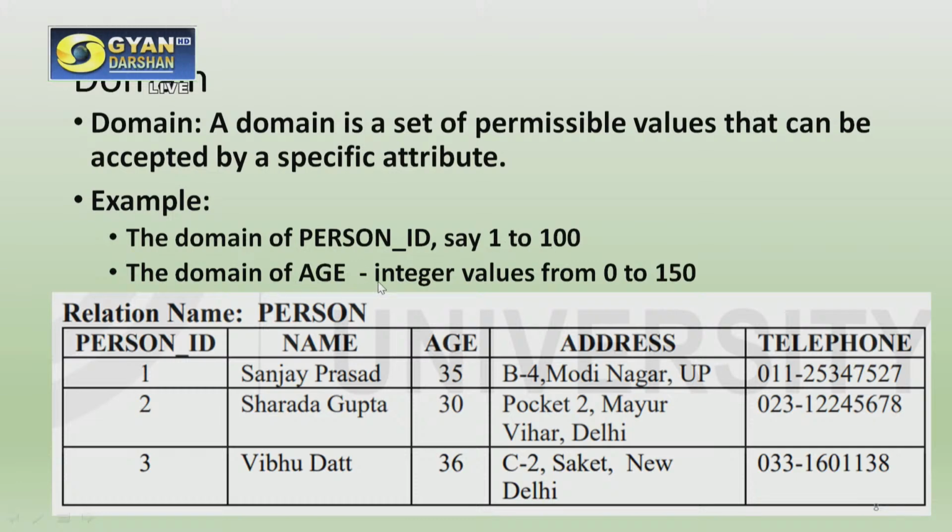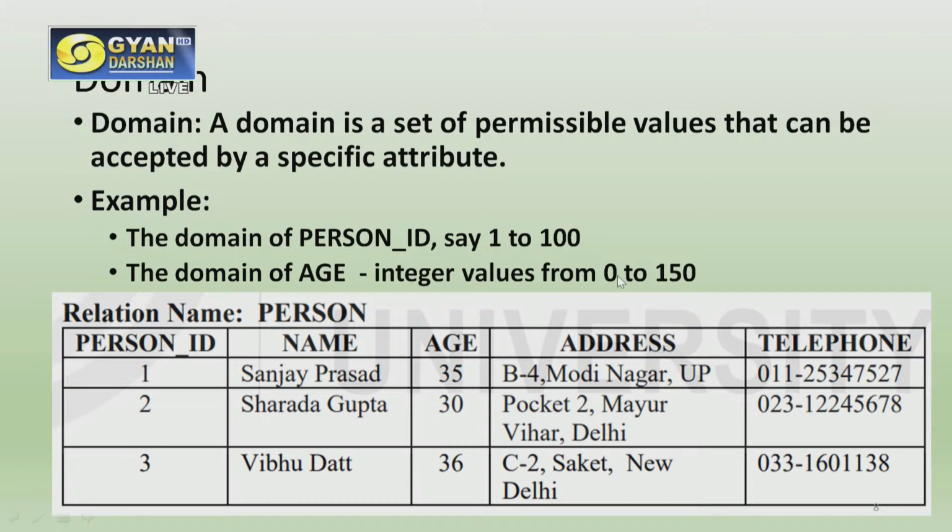The domain of age may be from 0 to 150, right? If it is about all persons, because some persons are above 100, 110, 115, so for them also you should be able to record the information. Under that situation, we might like to put the domain of age in this particular range.